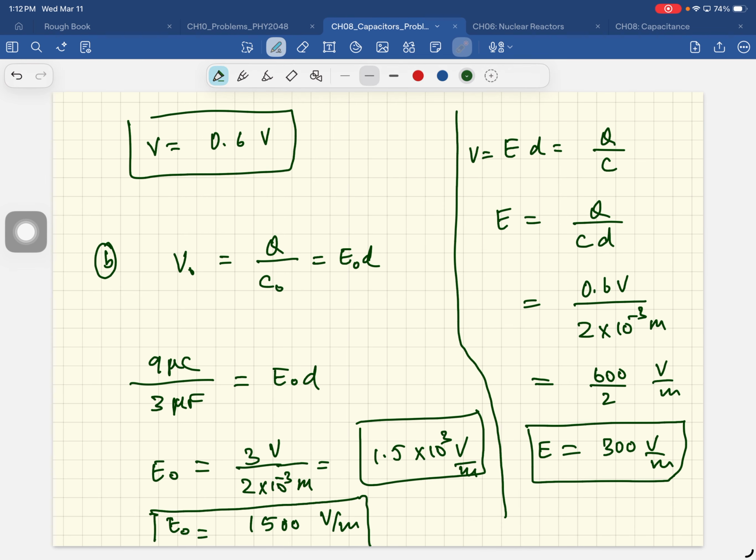All right, so this was the value of the electric field before the dielectric was inserted, and this was the electric field after the dielectric was inserted.